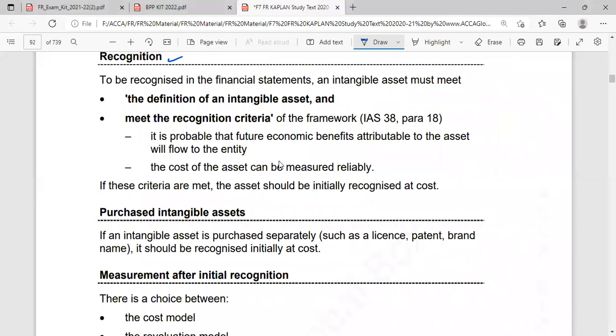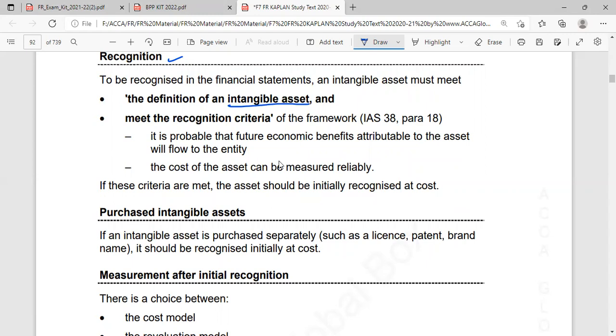Then coming to recognition, there are two types: initial recognition and subsequent recognition. Initially, we can recognize the asset only if it meets the recognition criteria. What is the recognition criteria? First, it has to satisfy the definition of an asset, and then the definition of an intangible asset: an identifiable, non-monetary item with the ability to provide economic benefits to the entity in future, and it must be controlled by the entity.